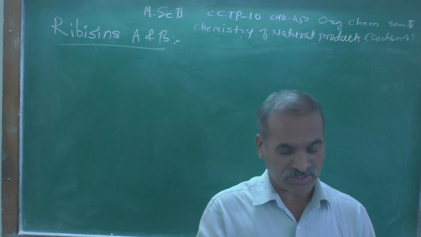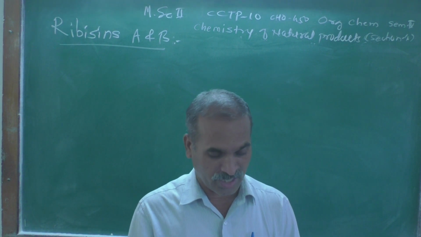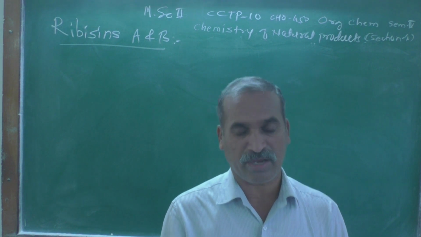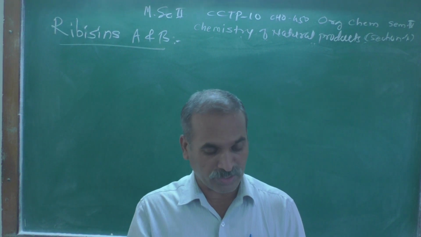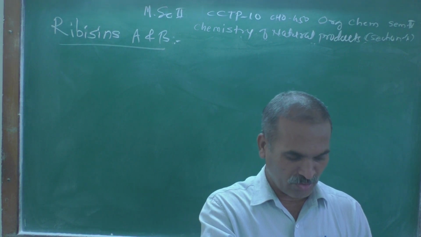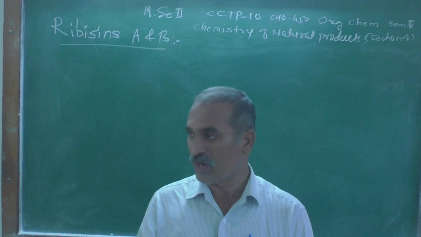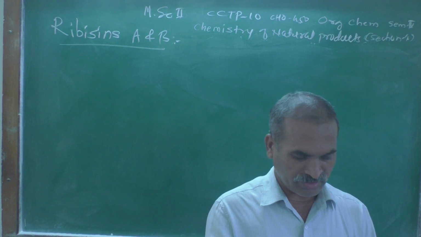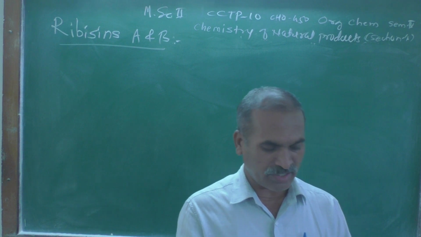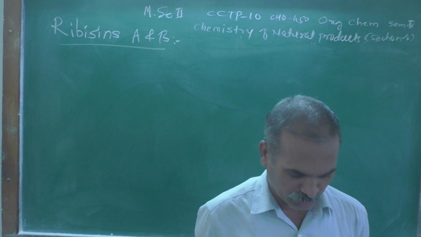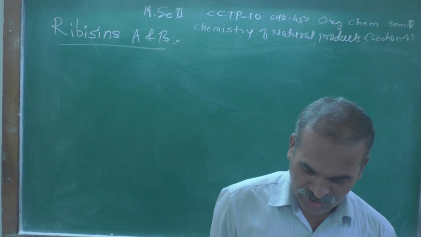The name of that journal I already told you, JOC. It is a very high impact factor, well reputed international journal, and the volume number is also provided here, 84, pages 15,165 to 15,172.